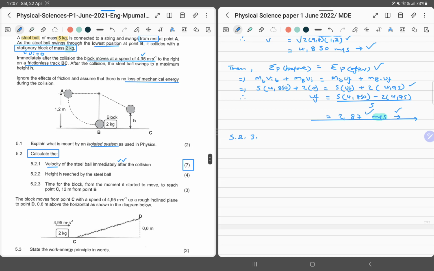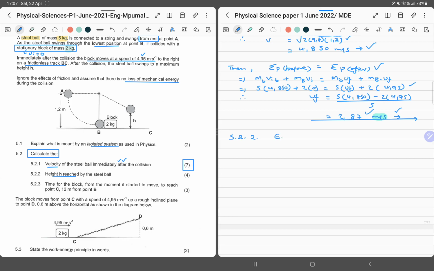5.2.3. It says now the height h reached by the steel ball. Again, they told us it's a maximum height. So technically, we're doing, again, principle of mechanical energy.